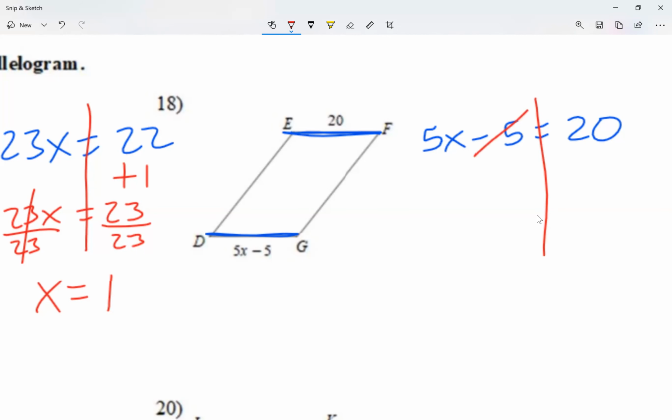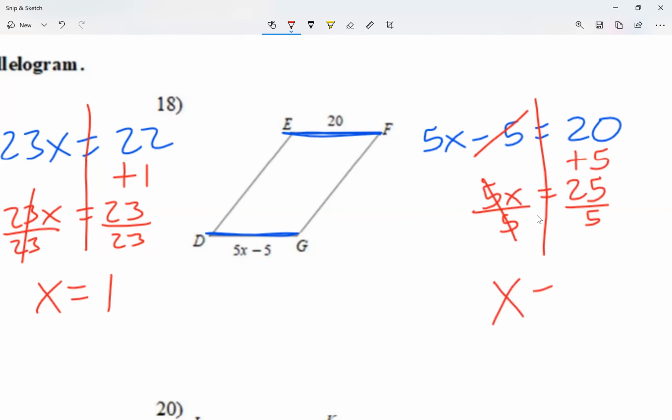This minus 5, let me move it to the other side as a plus 5. Don't forget to switch the sign. So that gives me 5x is equal to 25. Now to get the x by itself, let me divide both sides by 5. 5 divided by 5 is 1x. 25 divided by 5 is 5. So x is equal to 5.